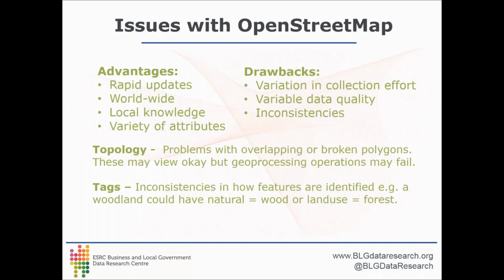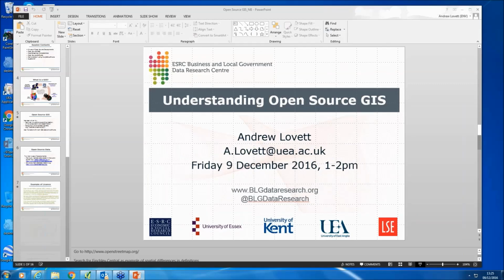So if you're trying to piece data across an area, in effect across a number of different contributors, sometimes there is work that needs to be done to check for consistencies in how different sorts of features have been classified. So those are issues that you need to be aware of in terms of actually using the data.